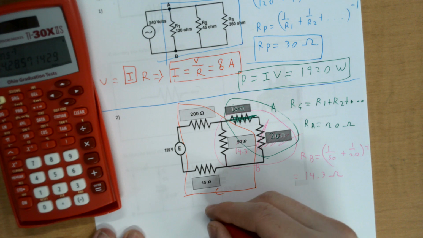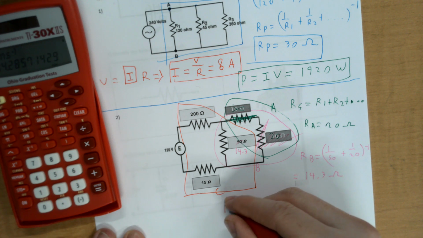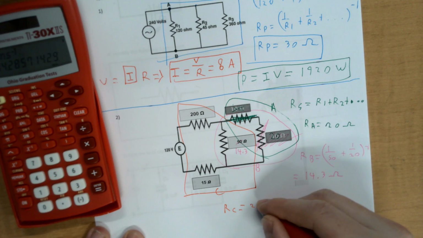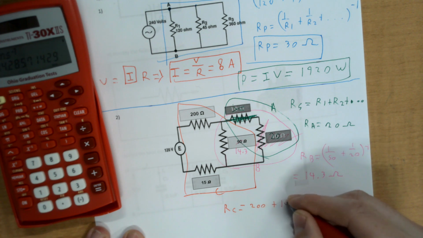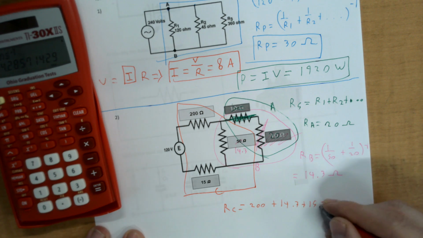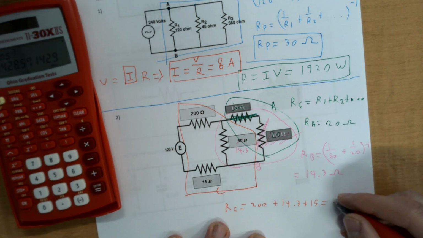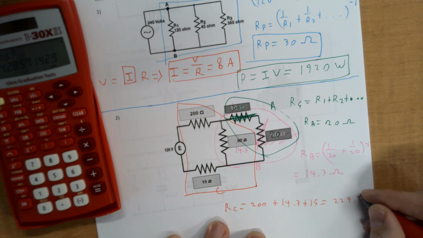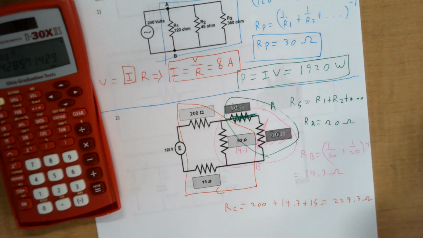Since they're series again, R C is equal to 200 plus 14.3 plus 15, which is 229.3.